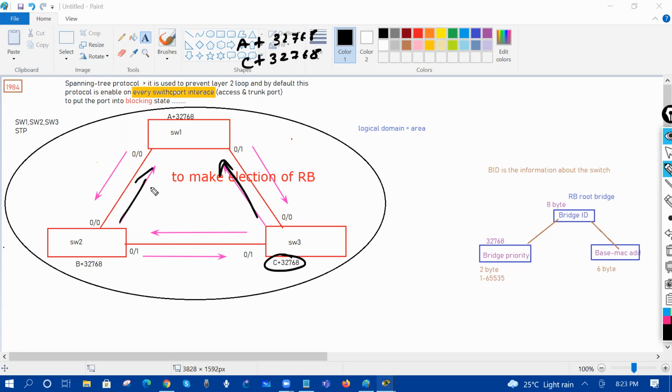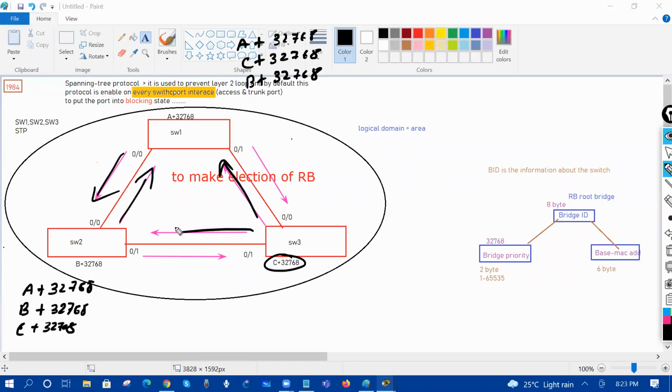And this guy also saved the information. At the first time, every switch has the same kind of information.